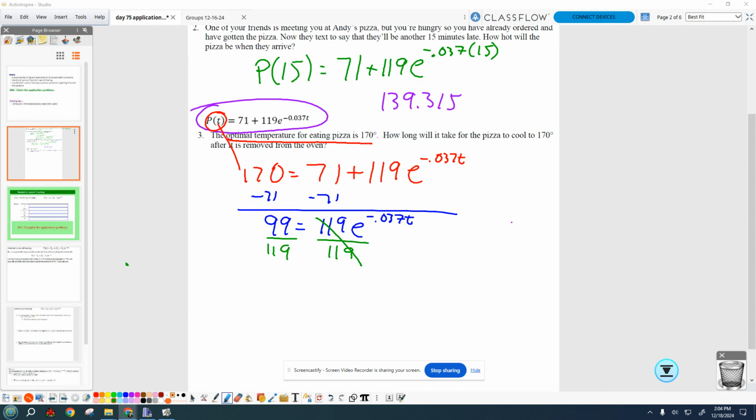Change it to log. Ray, how do I do that? Change it to log. Log or natural log? Natural log.